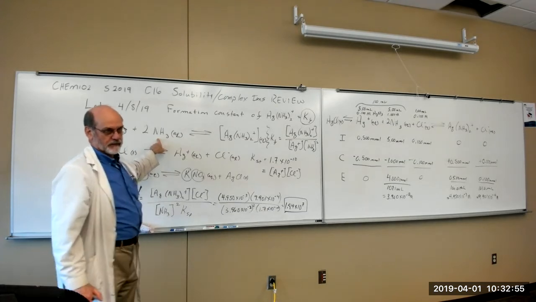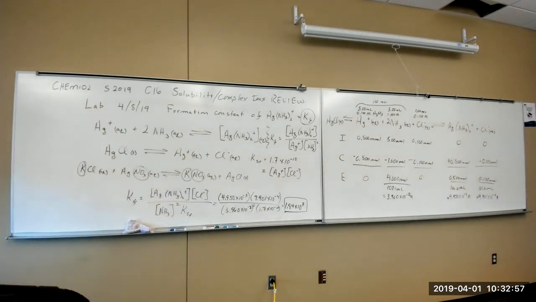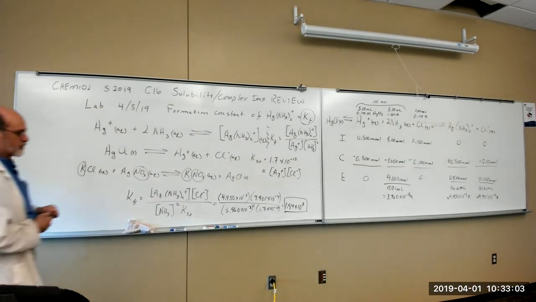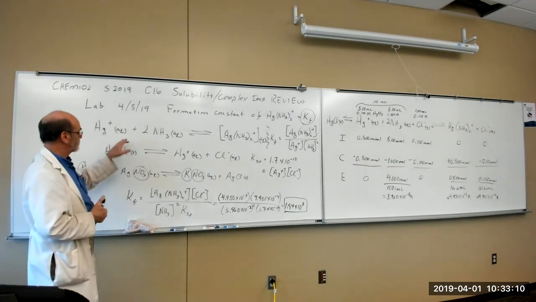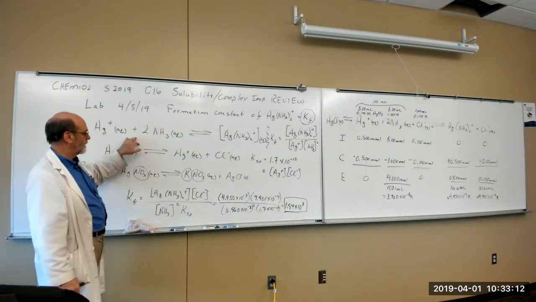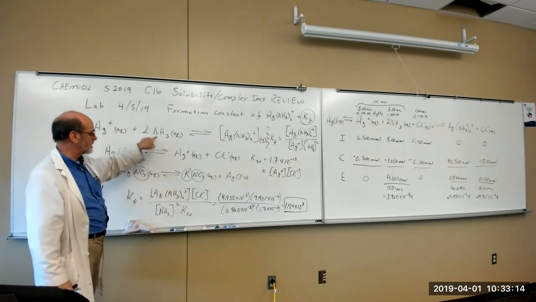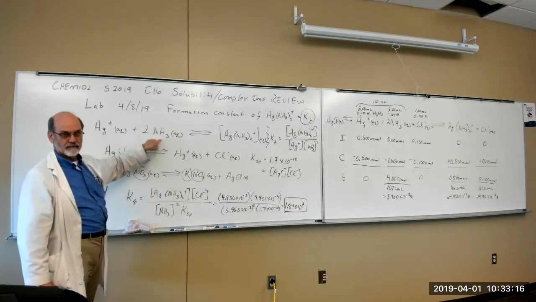So that last page shows you a proof that if you're at 1 molar concentration of ammonia, when you put it in solution, 99.6% of it is in that form right there.